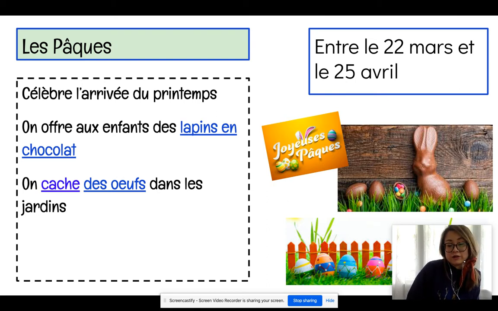Alors, en France, il y a des chocolateries et des confiseries. These are like candy shops, chocolate shops. There's actually a lot of them in France. And before this holiday, they have these really pretty window displays with all these chocolate bunnies, eggs, all kinds of stuff in there for Easter.